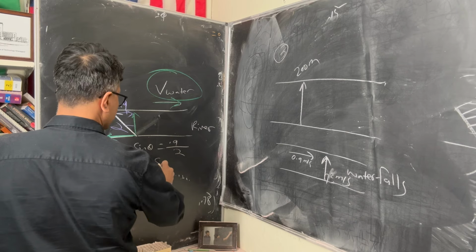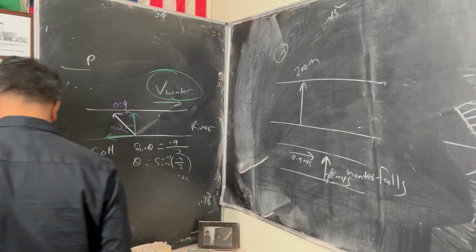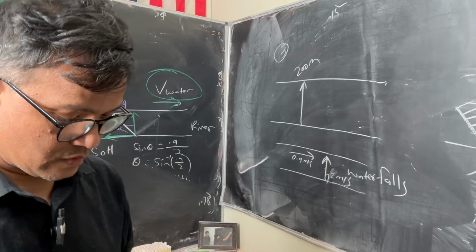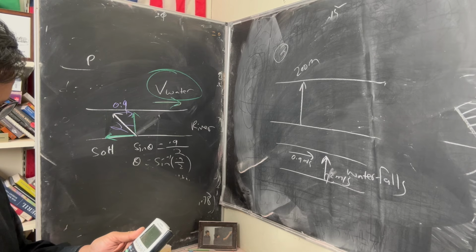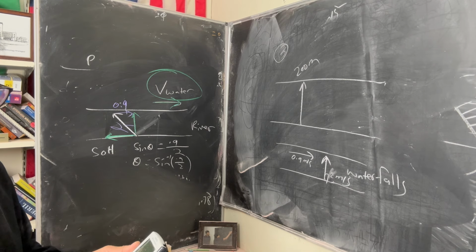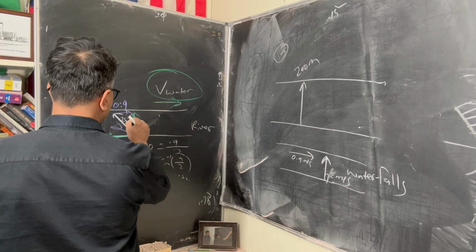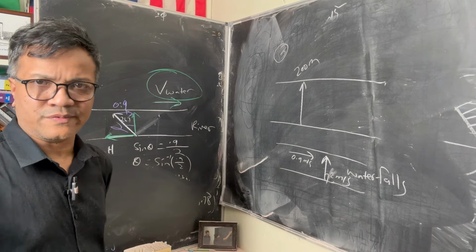So theta is sine inverse of 0.9 divided by 2, and that is 26.7. However, if you write 26.7, you are wrong.